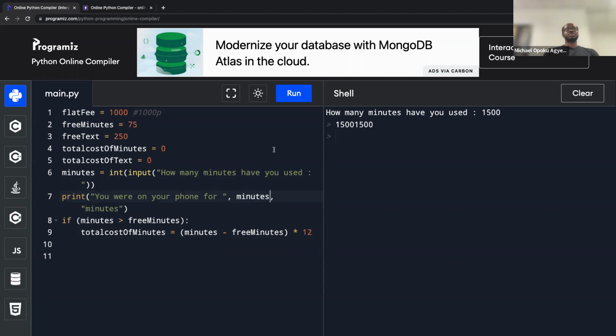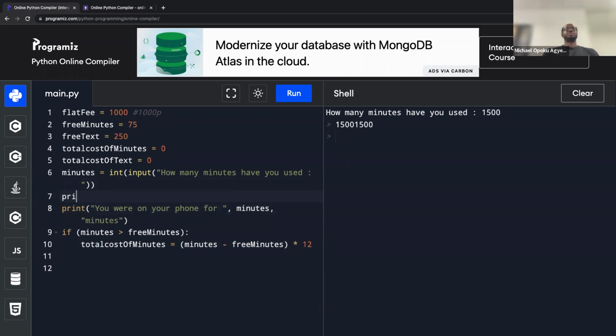What was this saying? So you're not asking me to print anything.